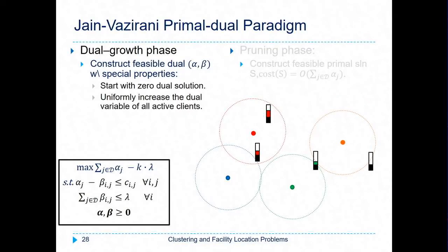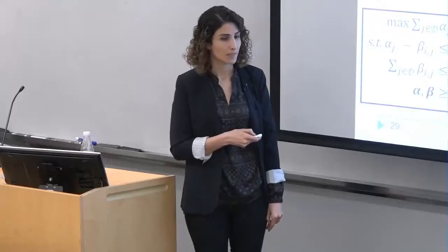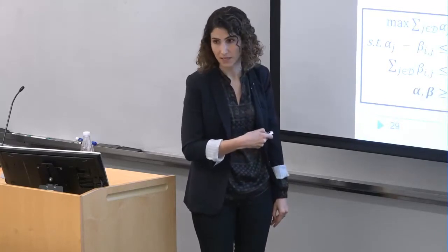So red starts contributing toward the opening cost of this facility, and later on toward the opening cost of this facility. We continue this until some facilities become tight or fully paid, which means that the contribution of clients toward these facilities is enough for opening them. So this inequality becomes tight.